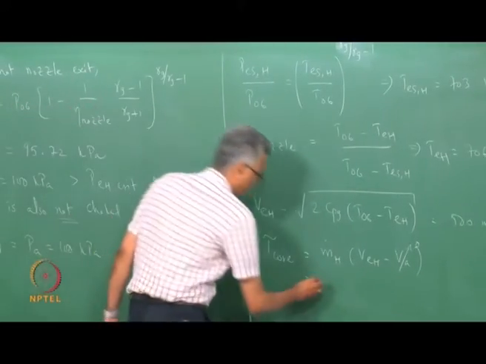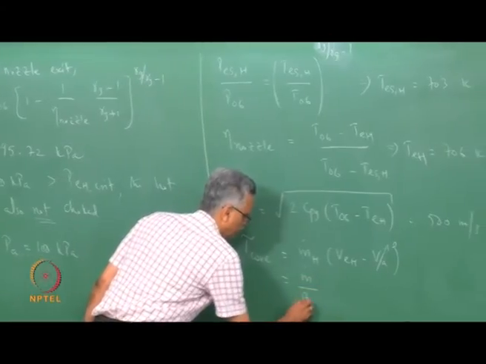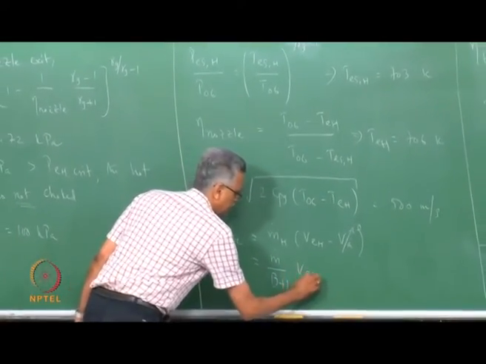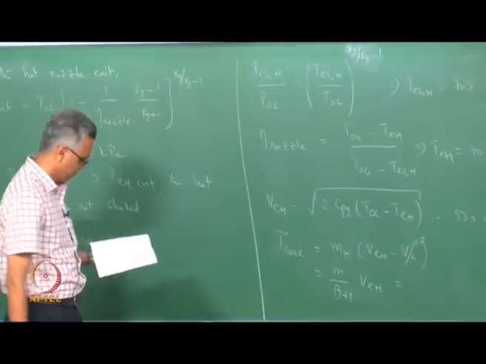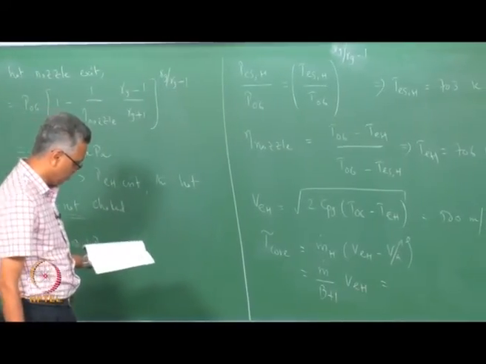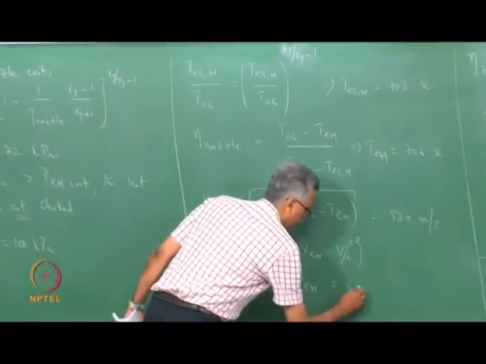And m dot h itself is nothing but m dot over B plus 1 times VEH. If you substitute the numbers, we get the thrust produced by the core engine to be 63 kilonewtons.